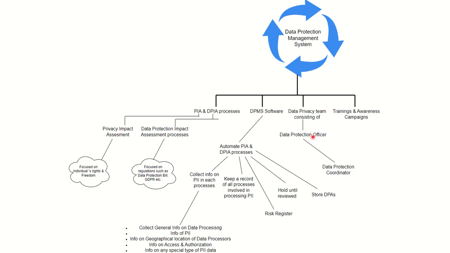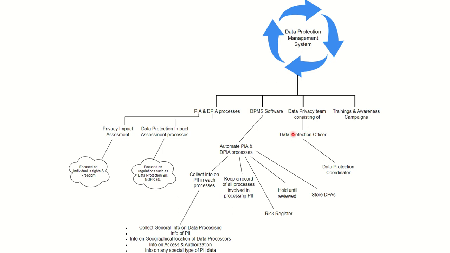Data privacy team, this is one of the main components of the data protection management system. The data privacy team will mostly consist of lawyers who understand the laws and regulations in depth.